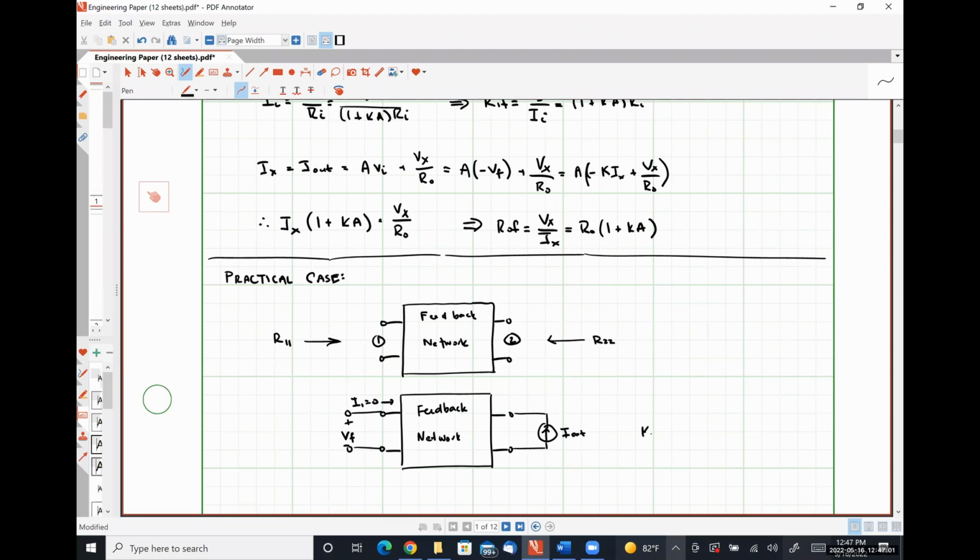Our feedback factor K is equal to VF over I out, and I1 is equal to 0.